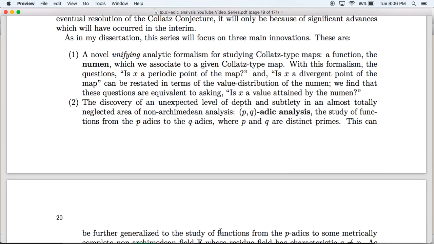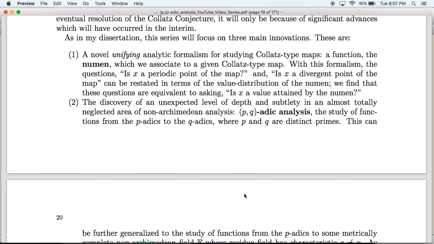The things we saw in episode 1 are an example of this unexpected level of depth and subtlety, where we have functions that are not continuous but nonetheless integrable. Since they're not continuous, in the non-Archimedean context they should be non-integrable as well. But it turns out, no, there's a way to integrate them, and doing so requires us to work with infinite series that converge pointwise, but whose topology of convergence varies from point to point.